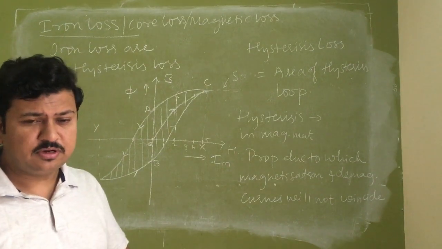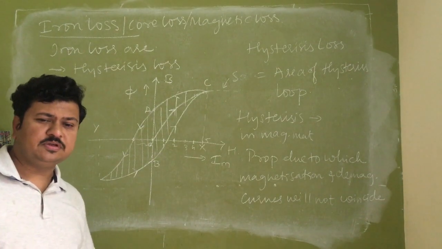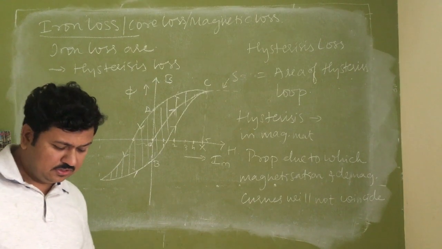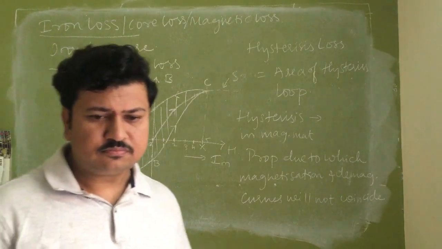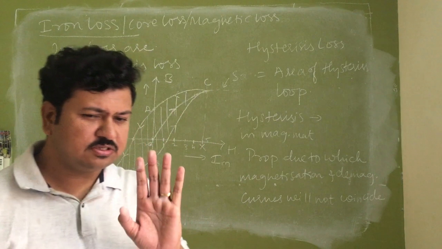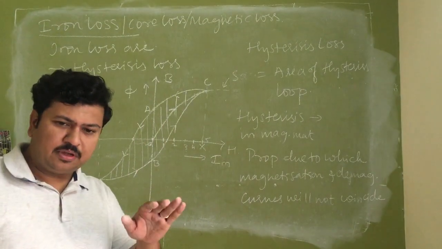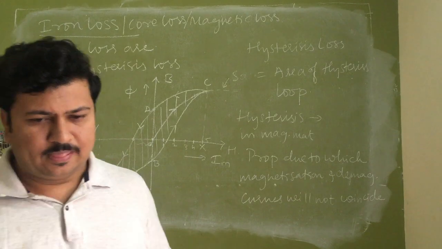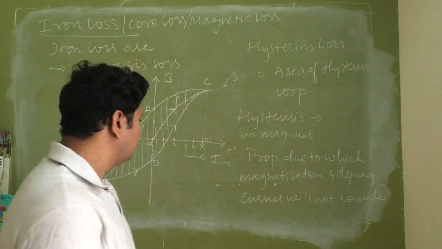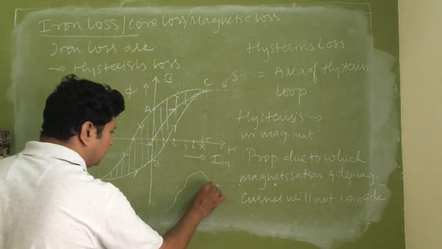Now, this property of hysteresis is present everywhere. Wherever there is irreversibility, there is the property of hysteresis. Even in us also. To understand hysteresis, simply remember this. Suppose a person is climbing up a hill.